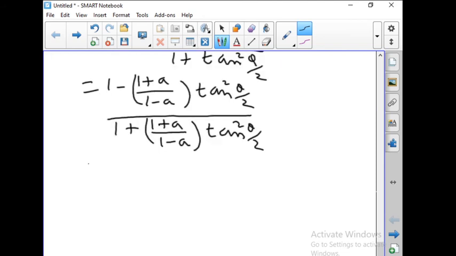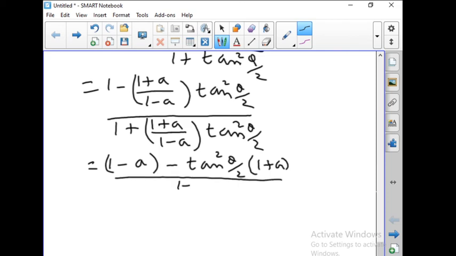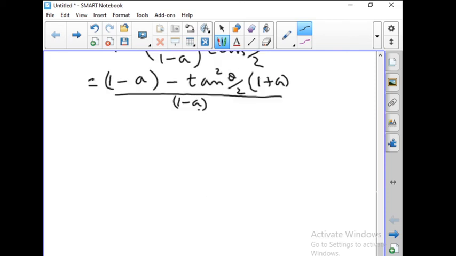Okay. So now this is equal to, take LCM in the numerator. We get 1 minus a minus tan square theta by 2 into 1 plus a. So LCM will be 1 minus a. So denominator also will have 1 minus a. So that will get cancelled actually. Anyhow I'll write one more step.